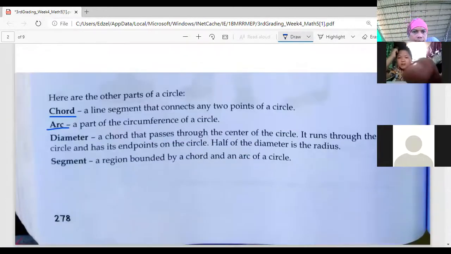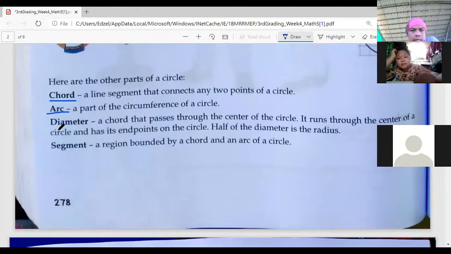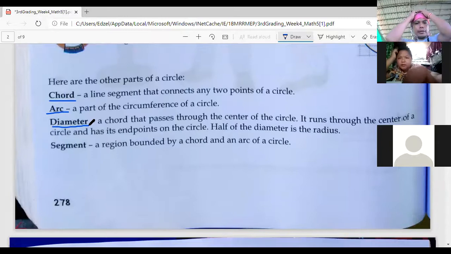So the next part is the diameter. Now diameter is actually a chord, but it passes through the center of the circle.